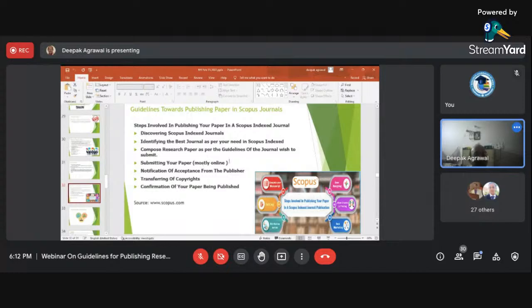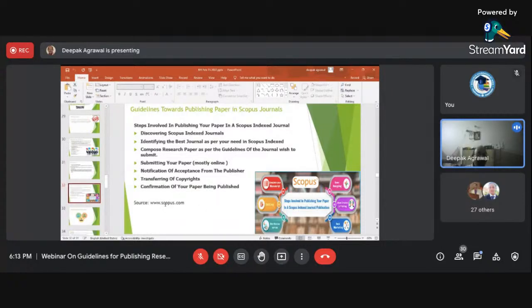While accessing all this information, at least we are now in a position to determine which type of publication we should go for. This is what Scopus expects from us. These are the steps involved in publishing your papers in a Scopus-indexed journal, which is part of the Web of Science. So what steps should you follow? Discover the Scopus-indexed journal, go to the website.